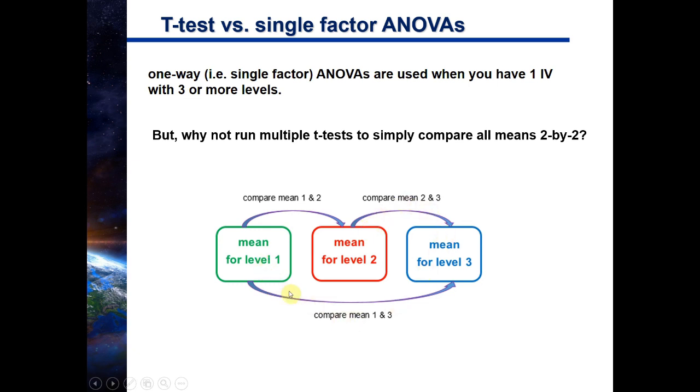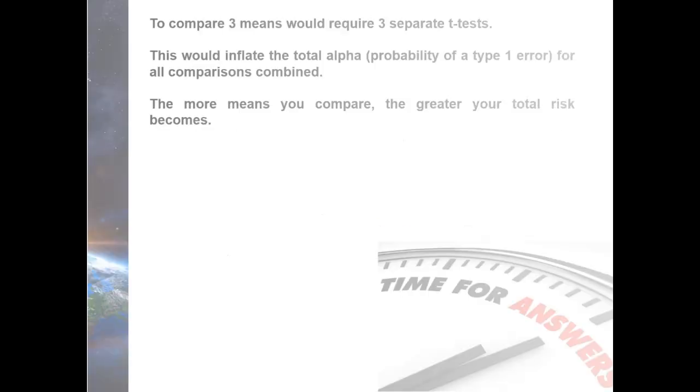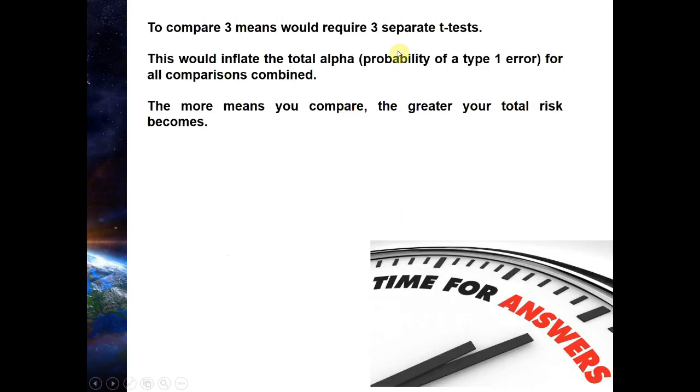And then finally run a third test to compare these 2 means. By the time you're done with all of that, you will have your answer. You'll know exactly which means are different from which. Now, this means that you would need to do 3 separate t-tests.